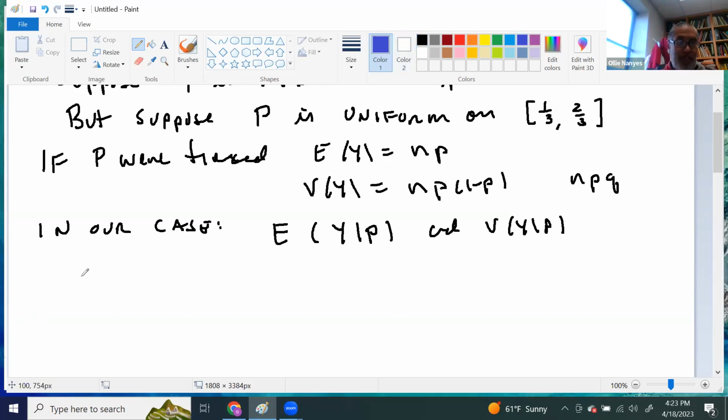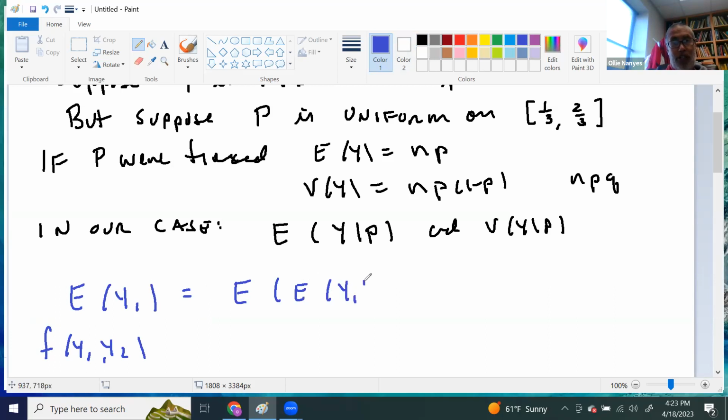We want to derive that, where you have a joint density function of y1, y2 in play here, the expectation of y1 is the expectation of the expectation of y1 given y2, where the inner expectation is the conditional one, and the outer one is with respect to y2. So the expectations are with respect to different things.